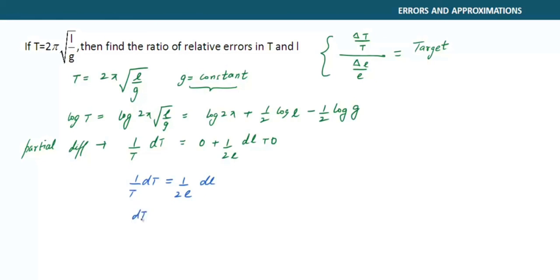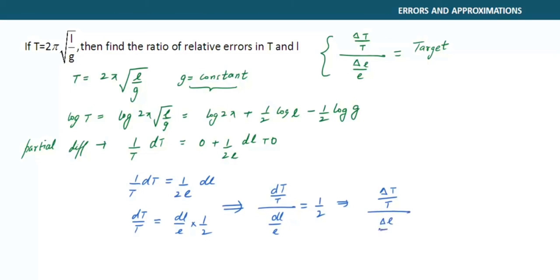Because I can write dt by t equal to dl by l into 1 by 2, and this could be then written as dt by t whole divided by dl by l is equal to 1 by 2, and we know that dt is nothing but delta t by t divided by delta l by l, which is nothing but 1 by 2. And this is your target. So the answer is that the ratio of relative errors in t and l is 1 by 2. This is the answer we were looking for. Very simple and straightforward problem.